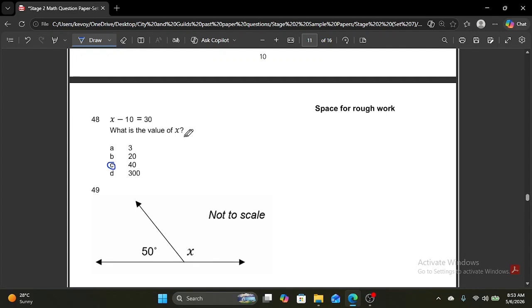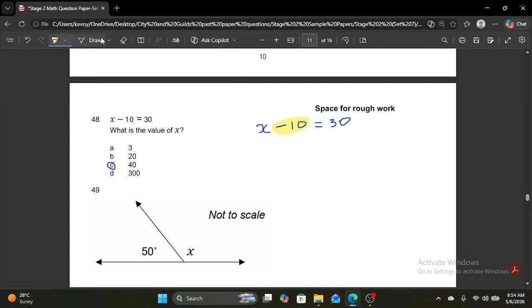You can call it as that, but if you wanted to, you could use the same approach where you have x minus 10 is equal to 30. So the number beside x right here, let me highlight it, it is minus 10.